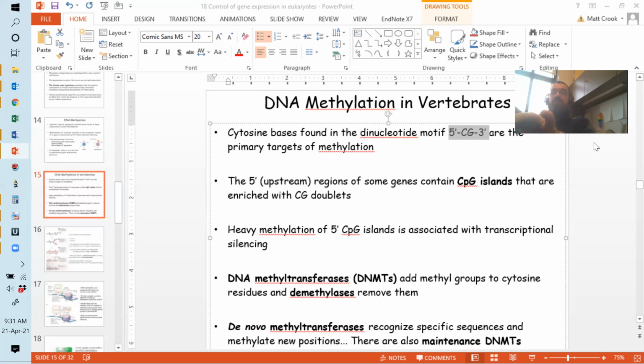So we have specific regions in DNA which are recognized by these proteins and are used as another way to control transcription by turning it on and off.